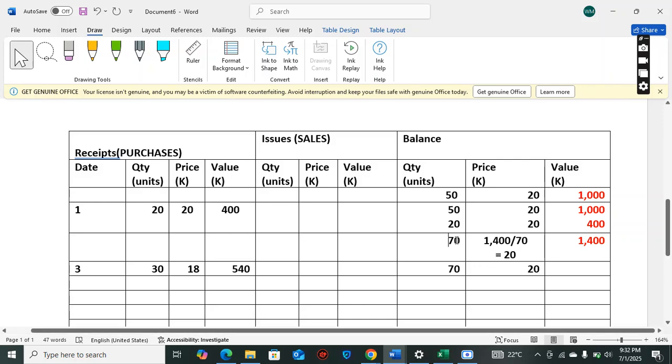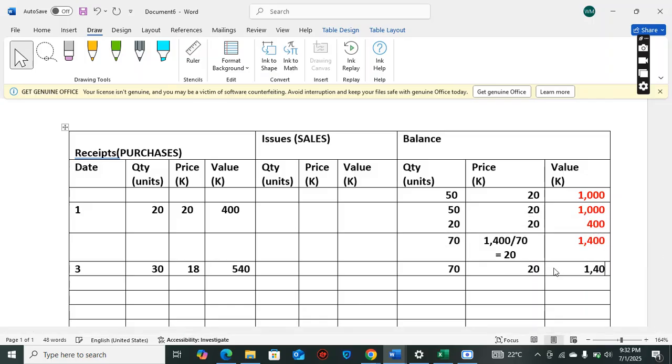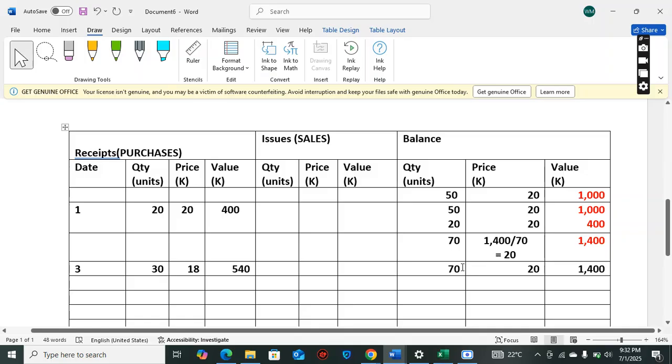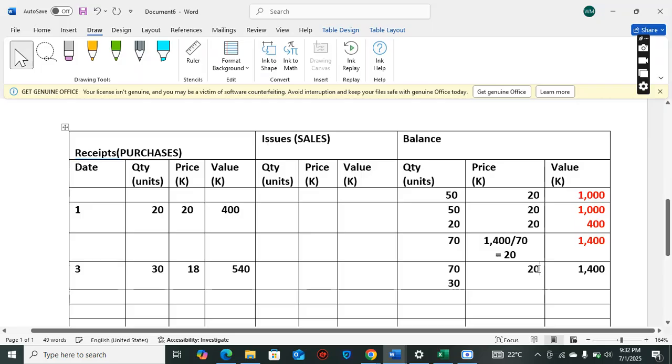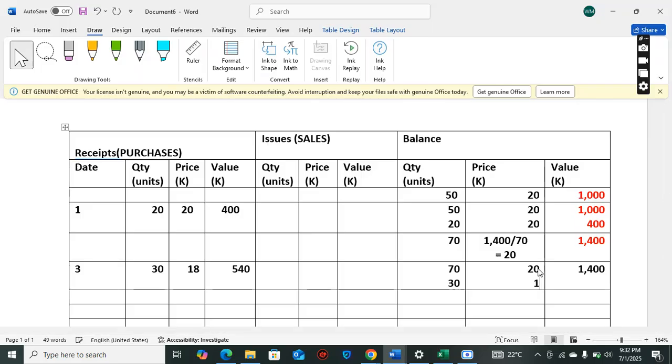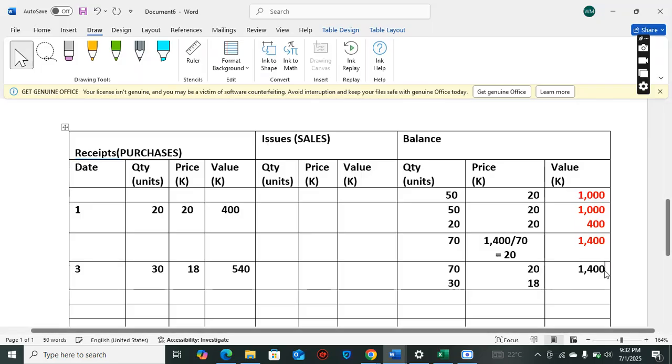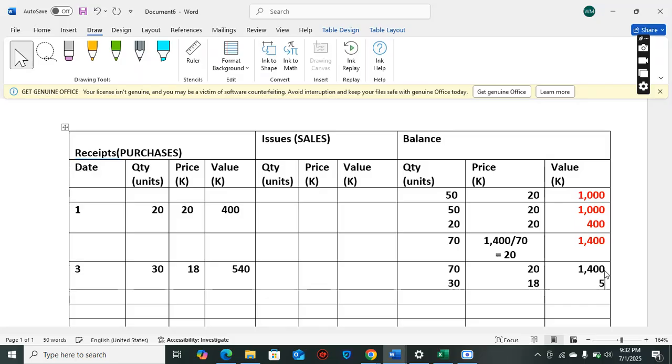Okay, this is where we're starting from. 70 units valued at 20, total value 1,400. We brought in 30 units valued at 18, 540.